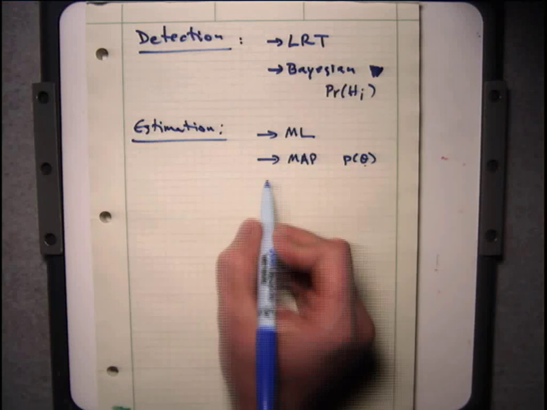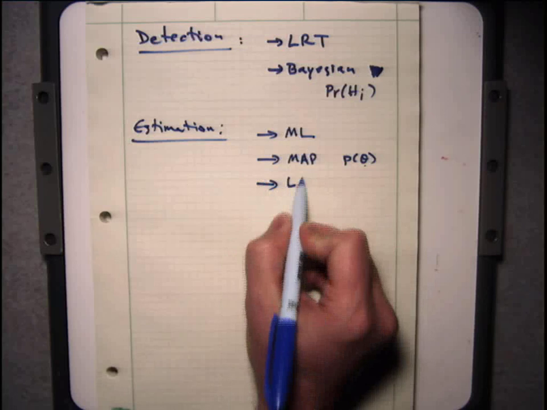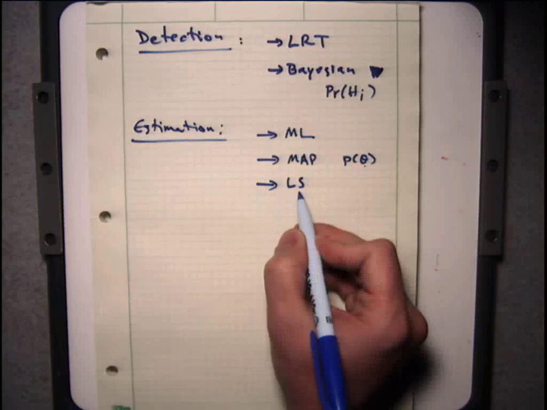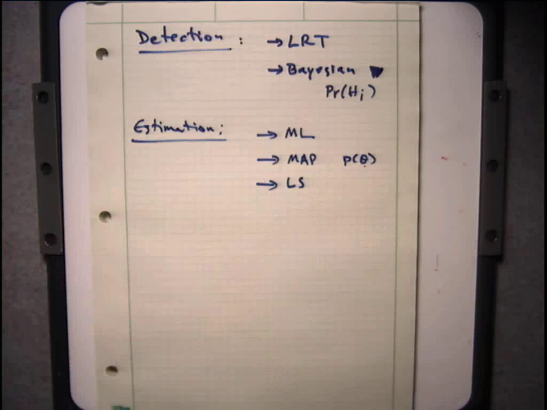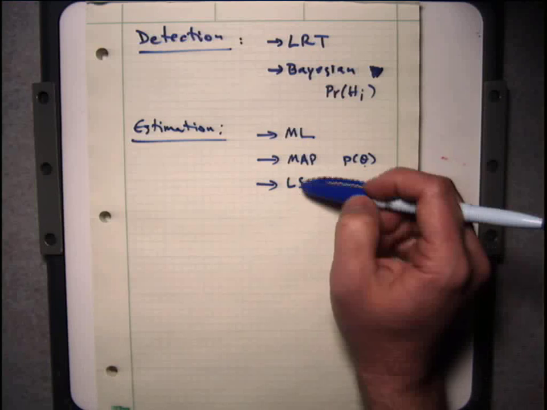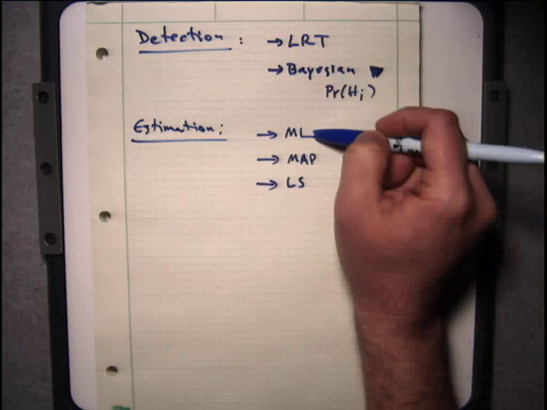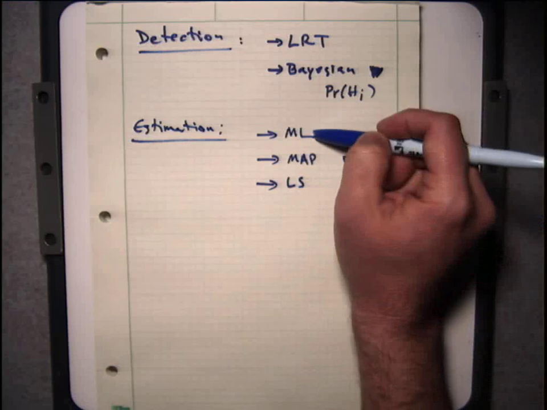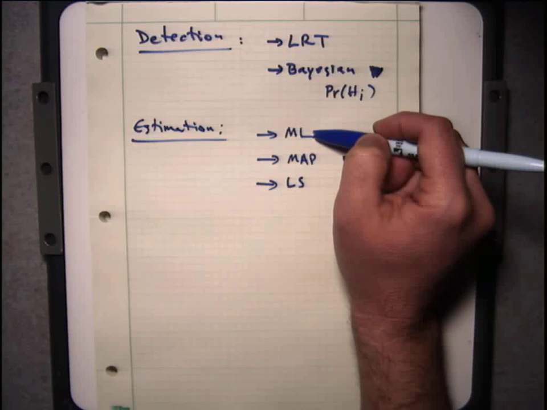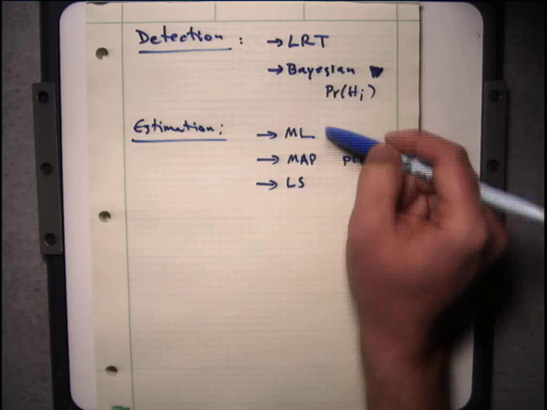We also talked about least squares, and least squares didn't really make any assumptions about the distribution of the data. You're minimizing a quadratic cost function, and whatever that happens to give you is your least squares estimate. We also talked about how least squares can coincide with the maximum likelihood estimate in the scenario where the noise is Gaussian. Okay? So if the noise is Gaussian and white, then the standard least squares coincides with the maximum likelihood estimate.